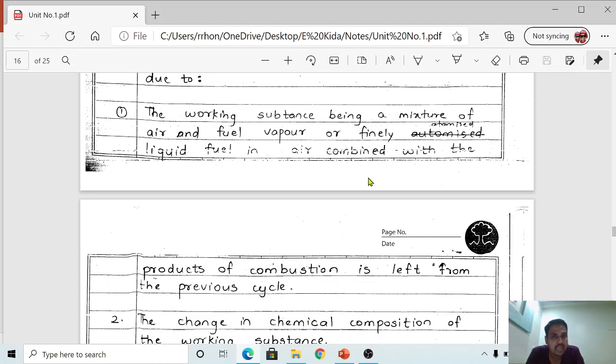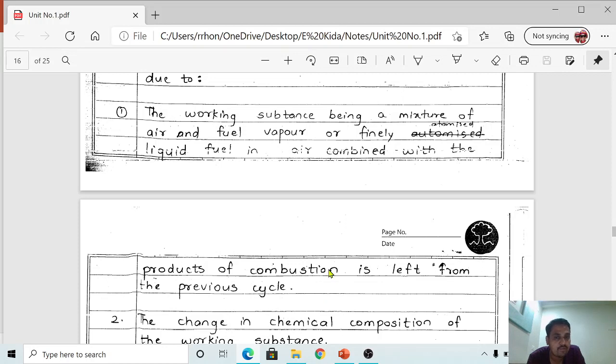But theoretically, Mr. Nicholas Otto never suggested any amount of product of combustion remaining inside the engine cylinder from the earlier stroke.